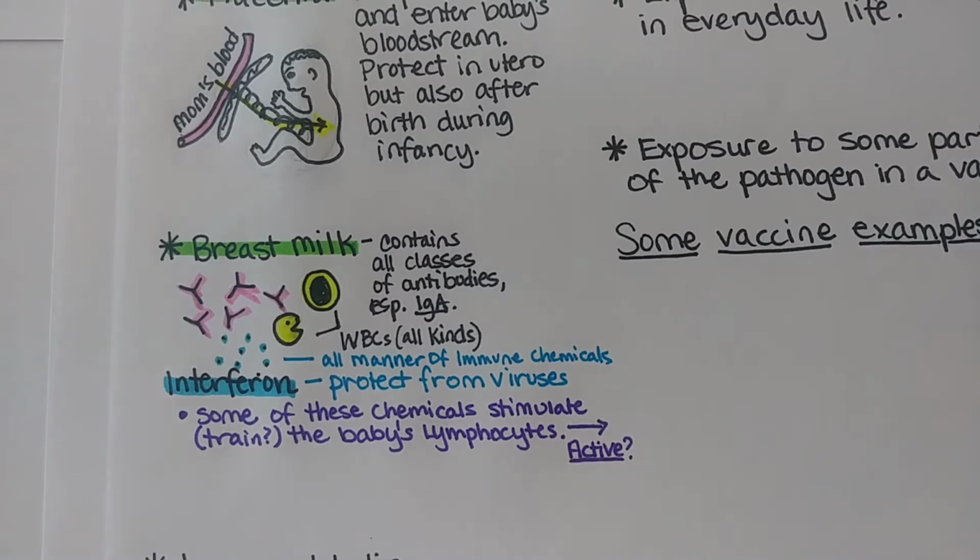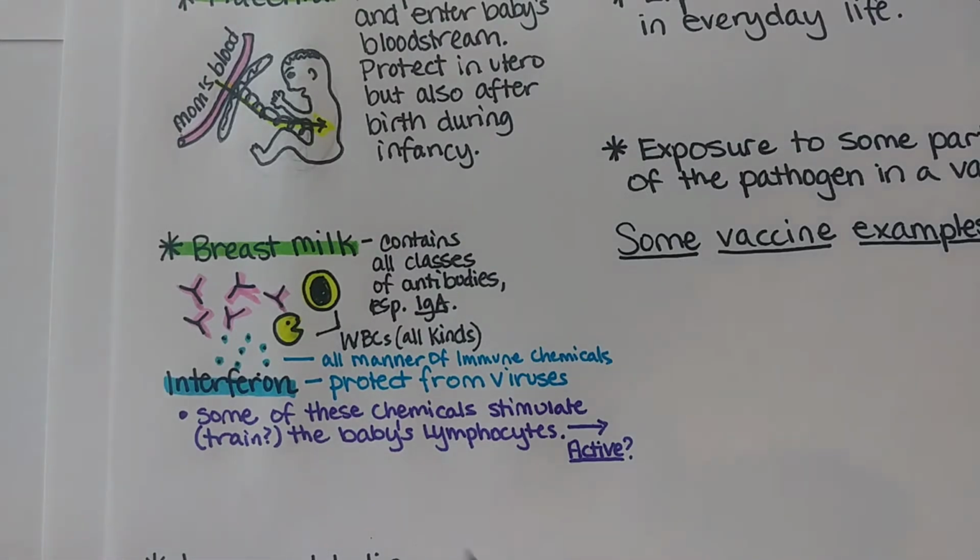Now, if you're taking a test or you're answering a typical question, they're always going to tell you breast milk is a passive form of immunity. But because I like to be creative in my thinking, I can't help but think that if you're training that baby's lymphocytes to know how to make antibodies better that are more effective, that sounds like active immunity to me.